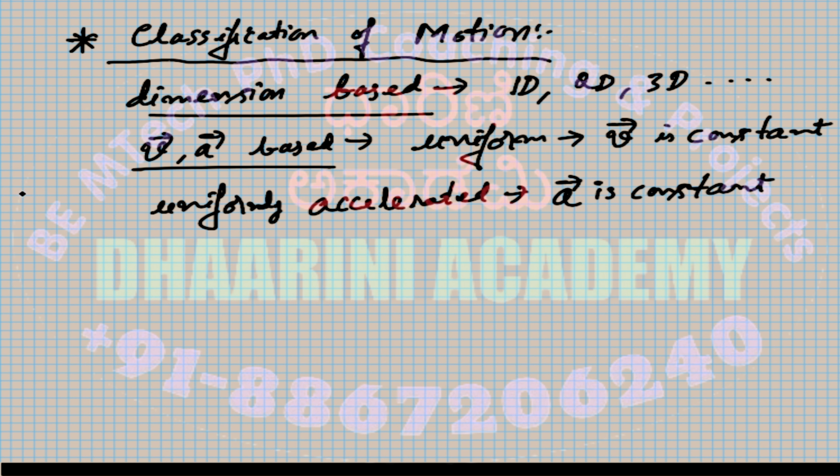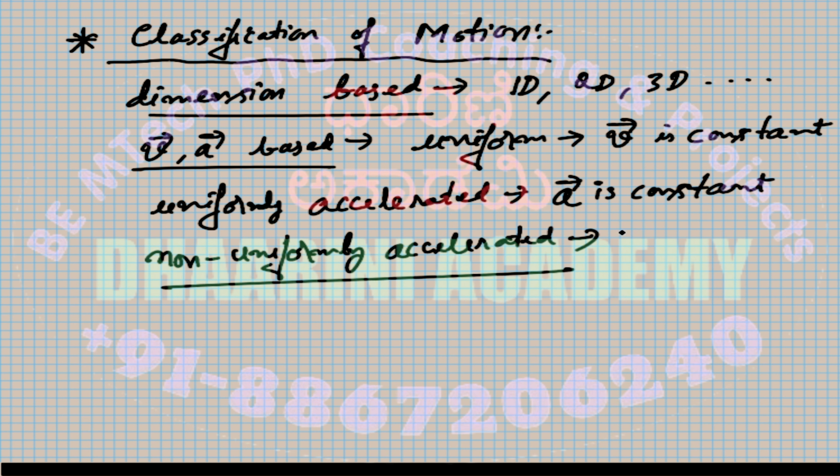And the third case is non-uniformly accelerated. So here none of them is constant. Neither v is constant nor a is constant. Because acceleration is continuously changing, velocity will also change.